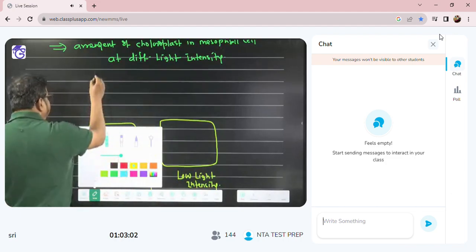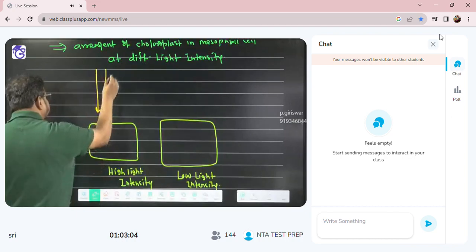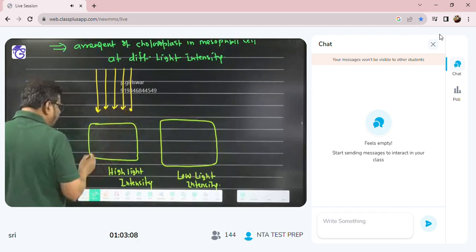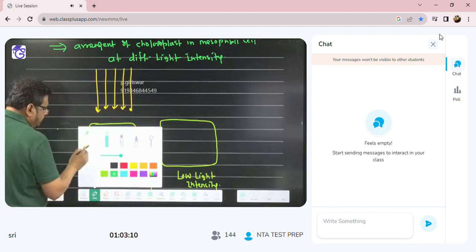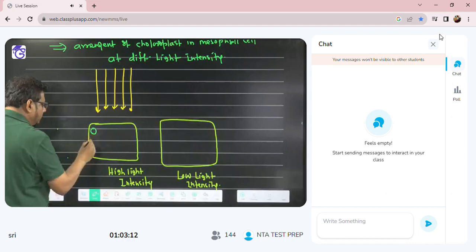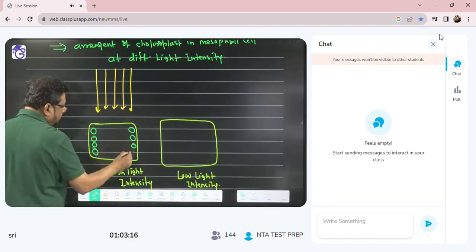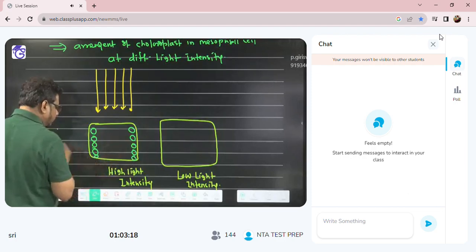When light intensity is high, the arrangement of chloroplast in the mesophyll cell is like this. Got the idea?